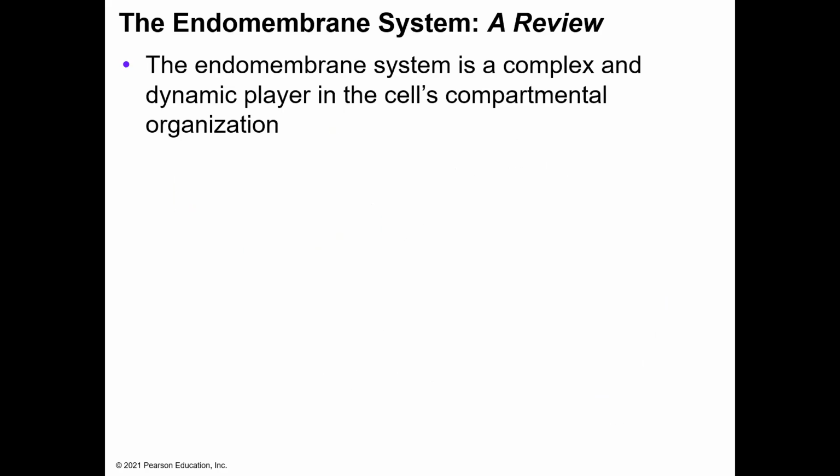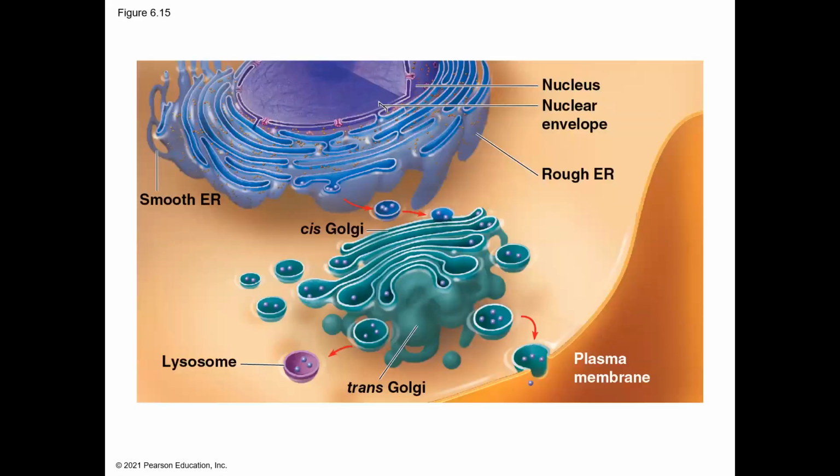So let's go over a review of the endomembrane system. It's very complex and it's a very important driver for cell organization and synthesis of proteins and products. So this image represents the entire endomembrane system. You have your nuclear envelope where it's attached to the nucleus, and then you have your ER, your smooth and your rough ER that are responsible for synthesizing and creating different things.